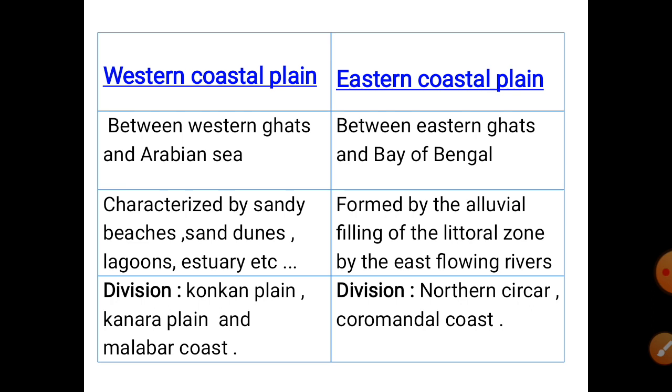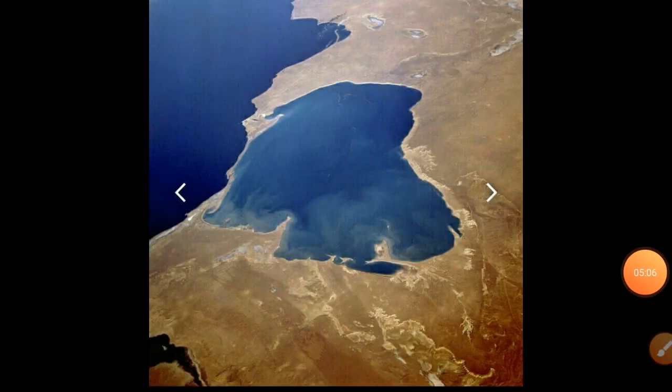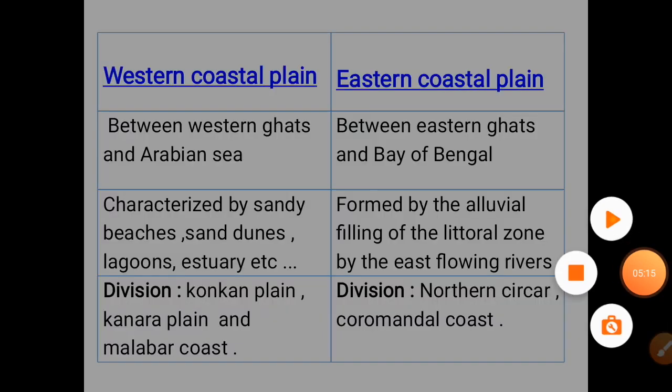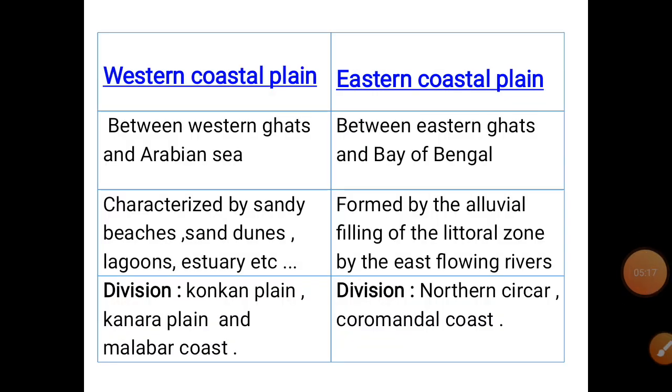The western coastal plain is characterized by sandy beaches, sand dunes, lagoons, which means small saltwater lakes separated from the sea, and estuaries, which means the mouth of a river where it enters the sea through a single channel with a hollow.